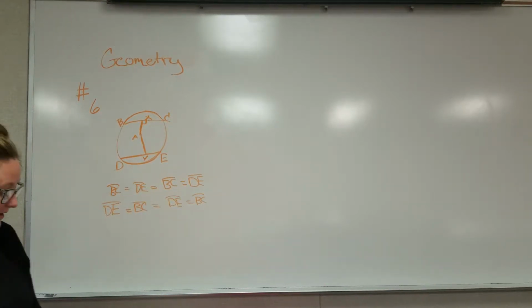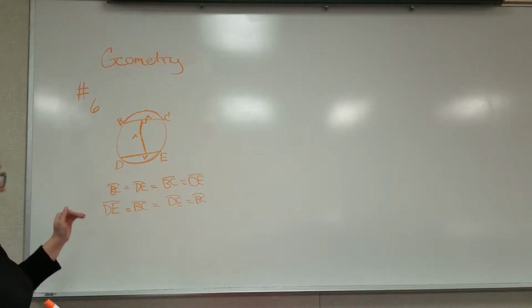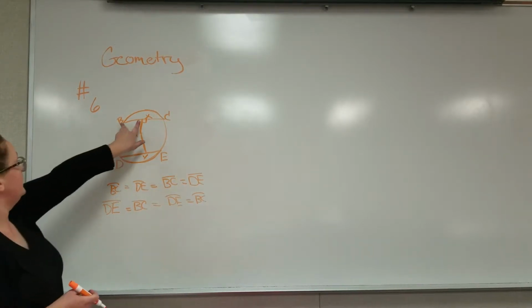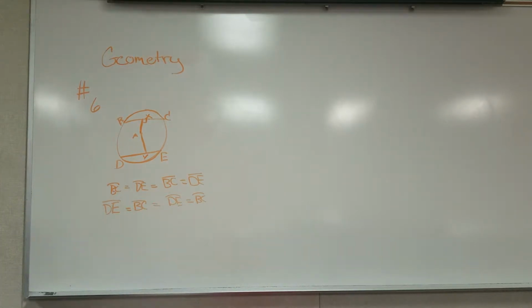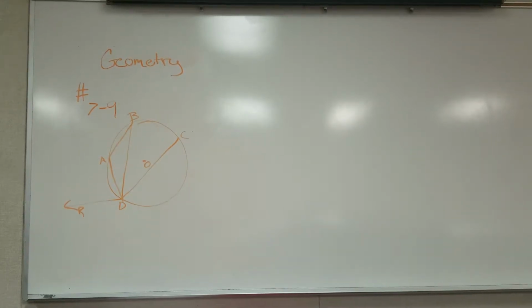So if AX is perpendicular to BC, then BX equals CX. Because if a diameter is perpendicular to a chord, then it bisects the chord.